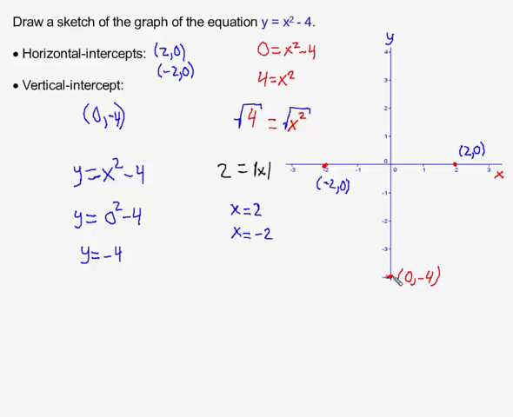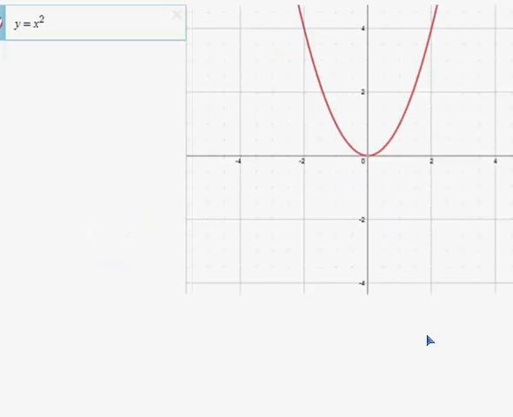Finding the vertical intercept algebraically was easy, but it may be easier yet to just use your knowledge of transformations. So for example, had your equation just been y equals x squared here, the graph would have been a parabola whose minimum is at 0, 0. However, since our equation had a subtraction of 4, the graph gets moved down 4, and the new vertical intercept would move from 0, 0 down as in the following picture.